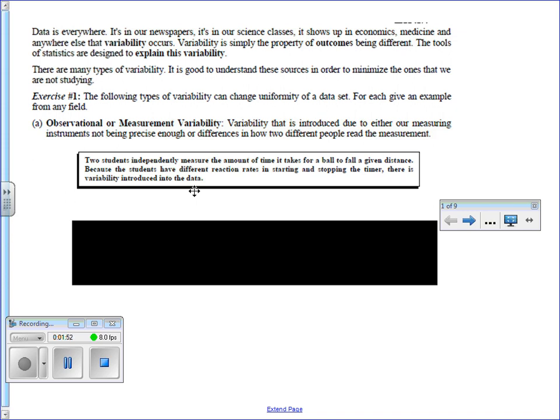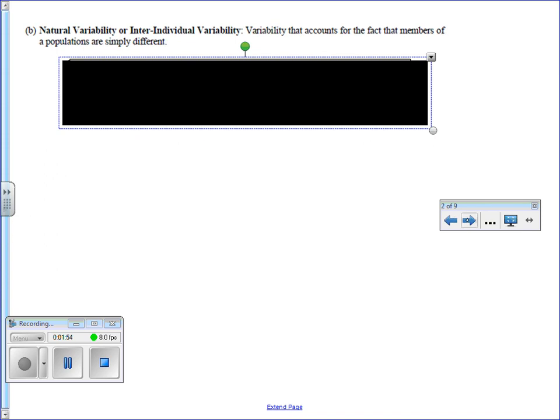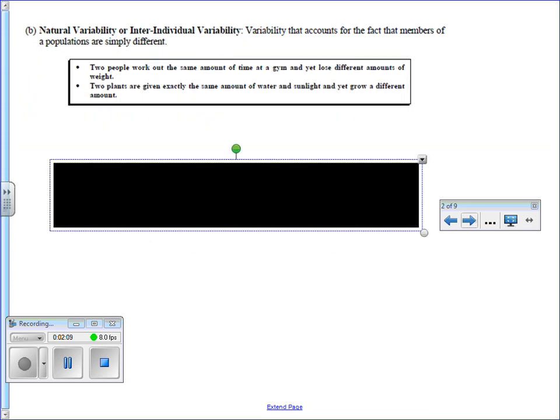Okay, let's look at part B, another type of variability. This is called natural variability or inter-individual variability. This is variability that accounts for the fact that members of a population are simply different. So here's my example. Remember, you're not writing my example down, you're making your own example up.